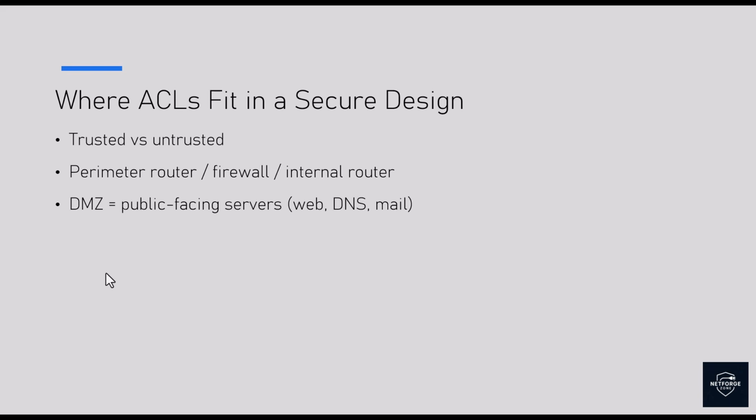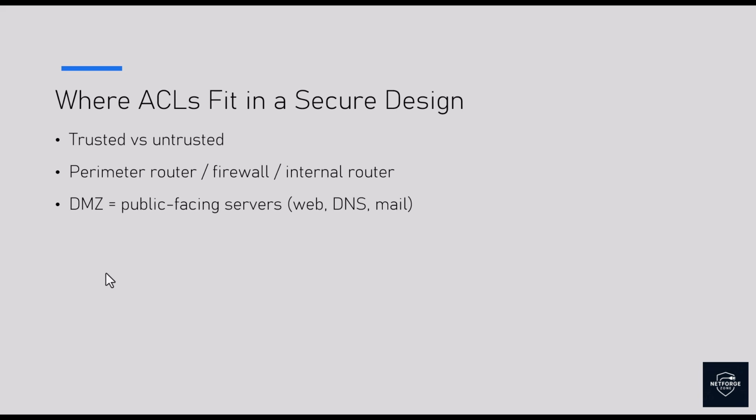The first thing you need to know is that if you want to use an access control list for your security, it is not something very simple that you can apply to the whole network. This is a layered approach. You go for, let's say, the outer network, then your DMZ network, then your internal network. Most of the time, you're going to use access control lists in your internal routers and in your layer 3 switches.